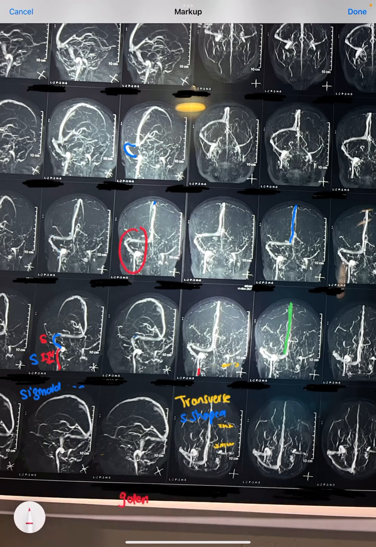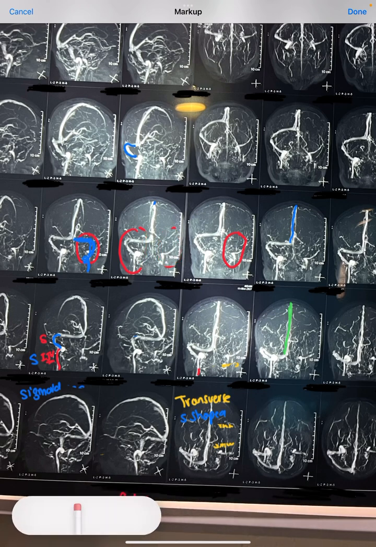It should be present on this side as well, this side as well, but it is not there. So in short, in this film, left transverse is missing, left sigmoid is missing, and left IJ is not very prominent.